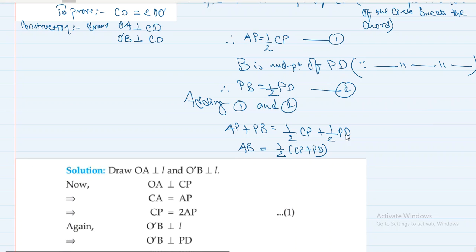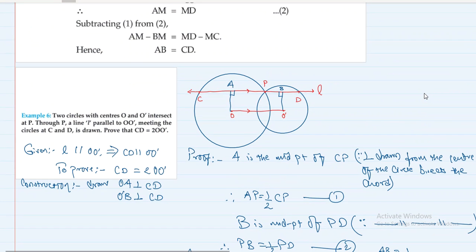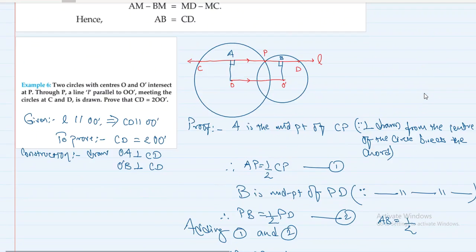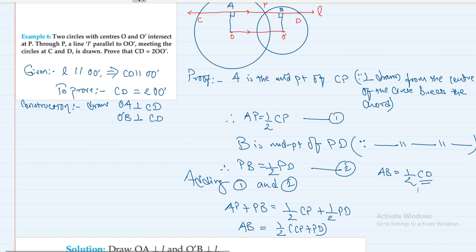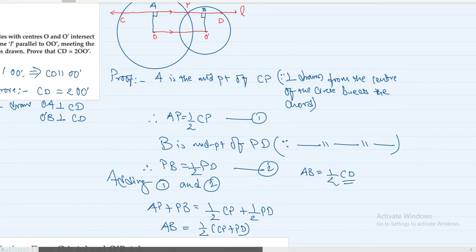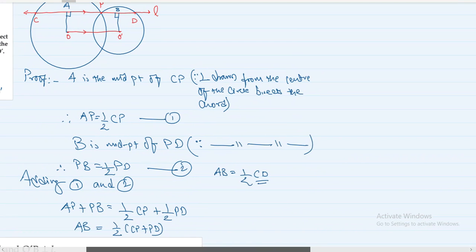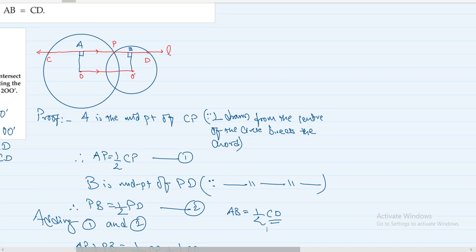So AB is equal to half of CP plus PD, that is CD. AB is half of CD. Now, if you notice carefully, I would like to show you some more things.